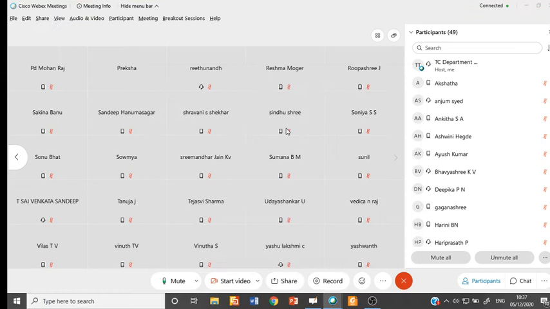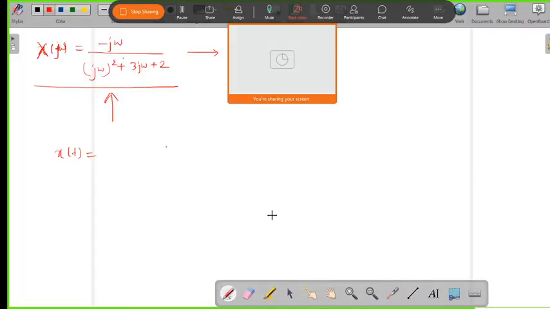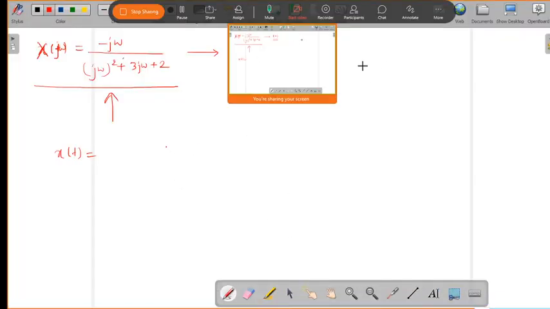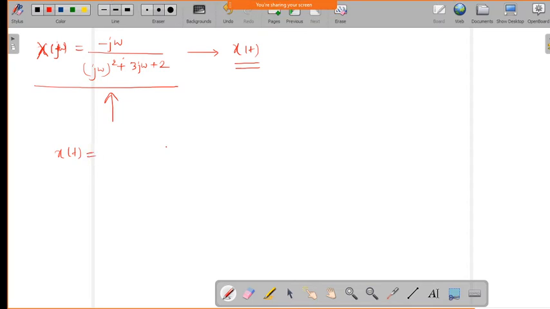-2 and -1. Okay, so minus 2 and minus 1, right? Yes. Okay, so can you tell the inverse Fourier transform x of t? If the values are minus 2 and 1, what is the inverse Fourier transform?